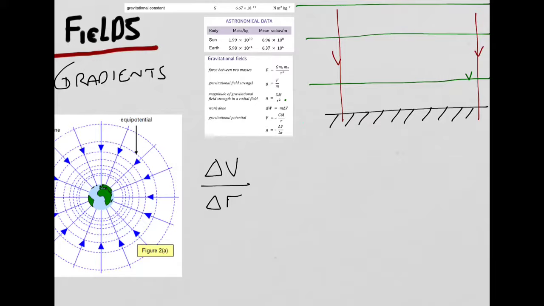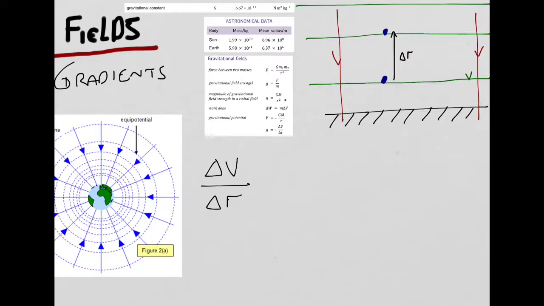And I'm going to move an object. I'm going to take an object that's here, and I'm going to lift it to here. I'm going to try and move that object through a distance delta R. I'm going to change the radius of that object slightly.